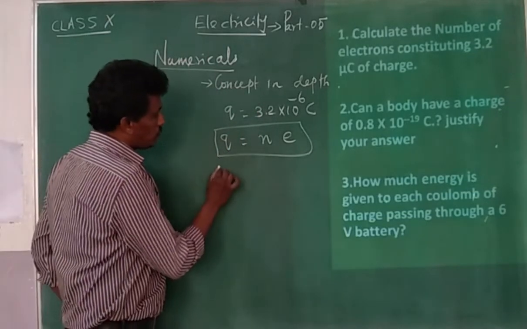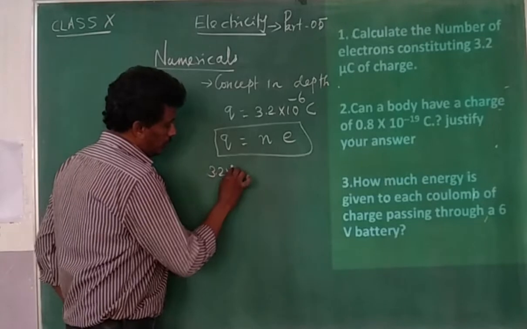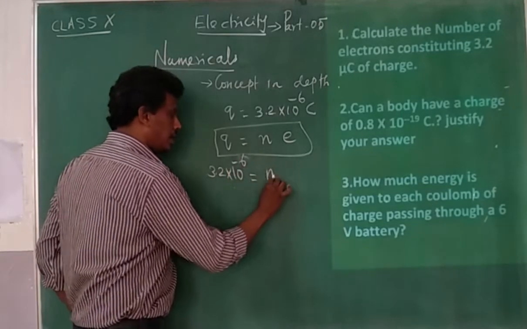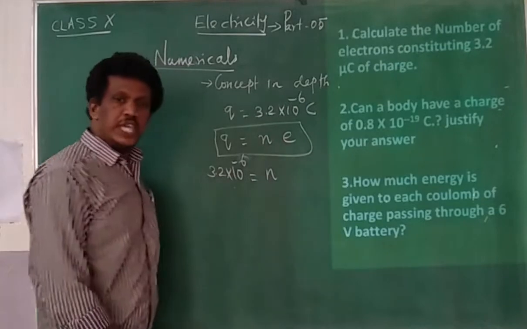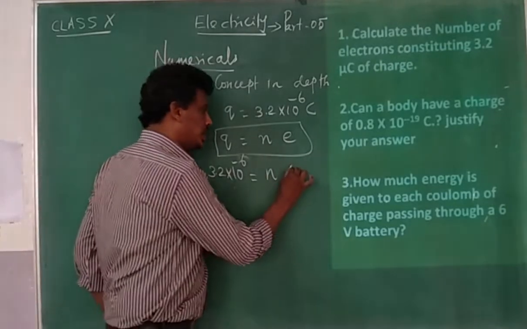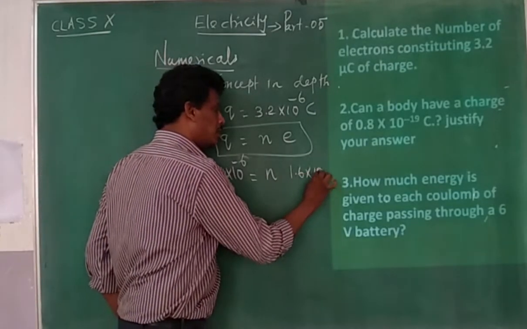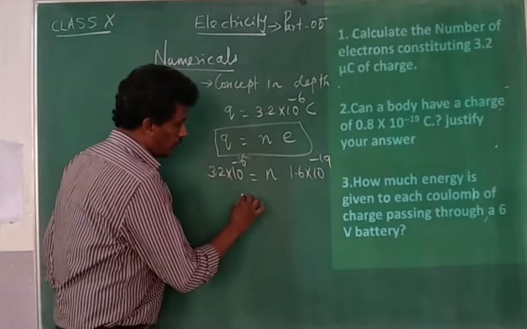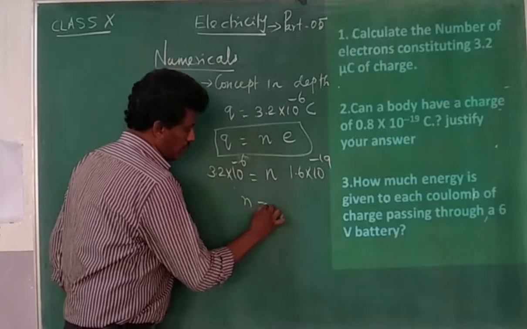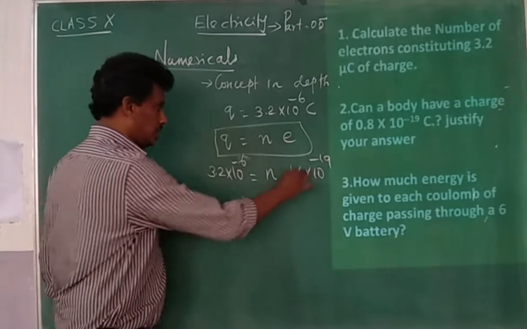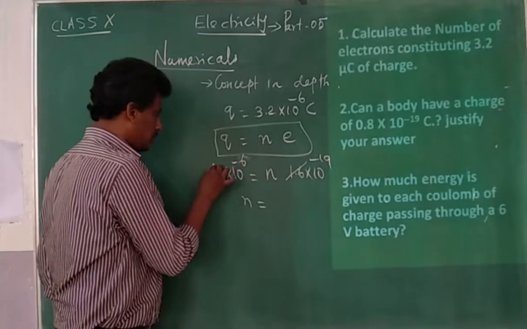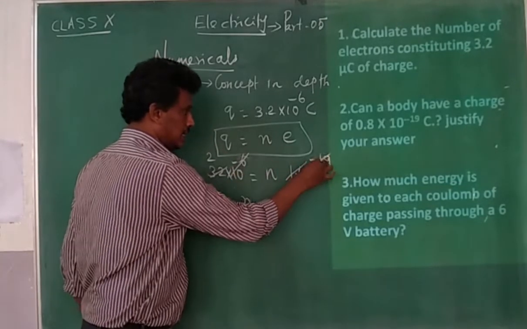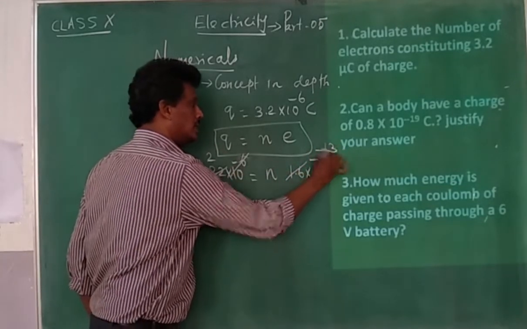What is the value of Q? 3.2 into 10 power minus 6. What is the value of E, the electronic charge? 1.6 into 10 power minus 19. Using that, you can find N. Here 3.2 divided by 1.6 gives 2, and 10 power minus 6 divided by 10 power minus 19 gives 10 power 13.